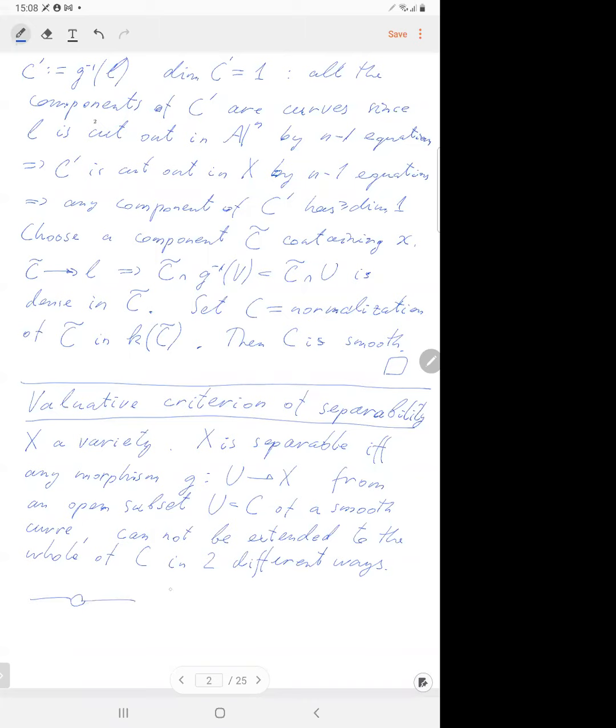There is one morphism G from U, the punctured affine line, and there are two morphisms, G1 tilde and G2 tilde, the upper and the lower extension, from A1 to this inseparable curve, the line with doubled origin.